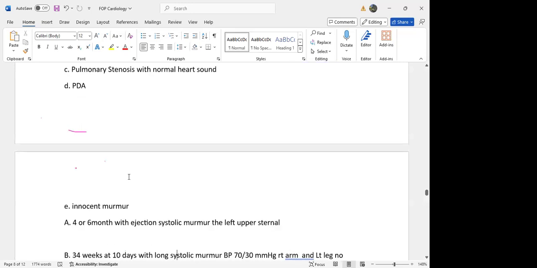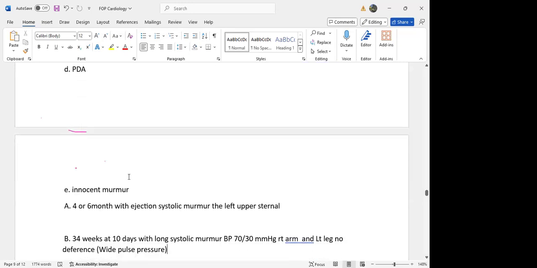Next. 4 to 6 months with ejection systolic murmur at the left upper sternal edge. At the left upper sternal edge, we have so many murmurs.